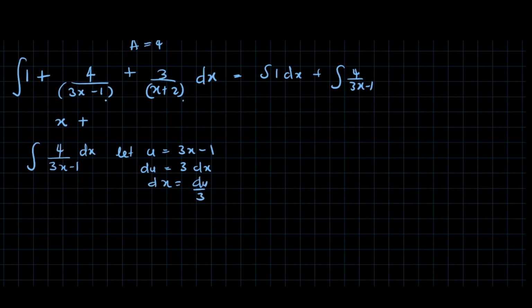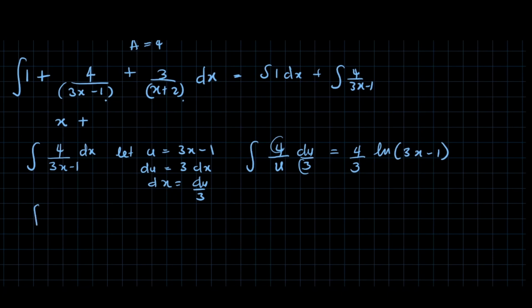Now we substitute back into the equation to get 4 over u times du over 3. These are both constants, so we take them out. That'll be 4 over 3, which leaves us with 1 over u. The integral of 1 over u is ln u, and u in this case was 3x minus 1. So this is the answer.